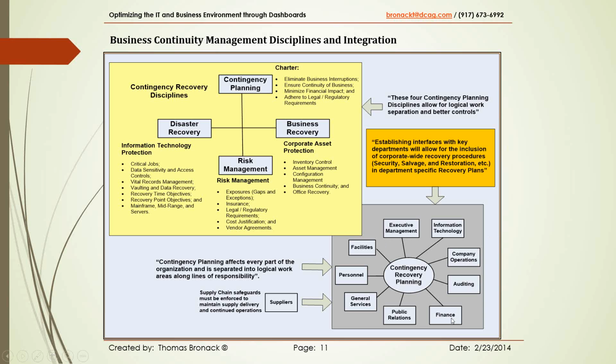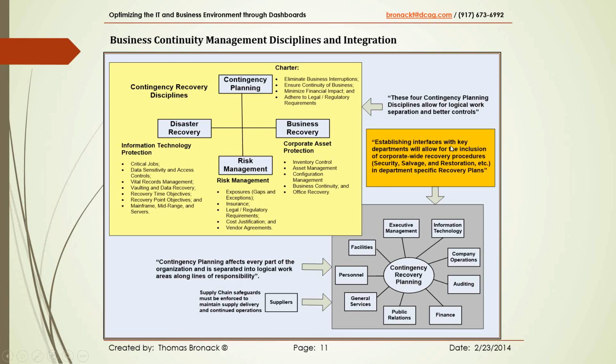Auditing, finance, because a lot of financial problems here. Public relations, because if something happens, you have to speak to the rest of the world, and you want to project the right image. General service has to do with human resources and everything else. People are always involved, and facilities, because you may be having to worry about how do I establish my production facility, how do I establish my recovery, do I have redundant power, do I have redundant water, HVAC, and all the other stuff that's involved.